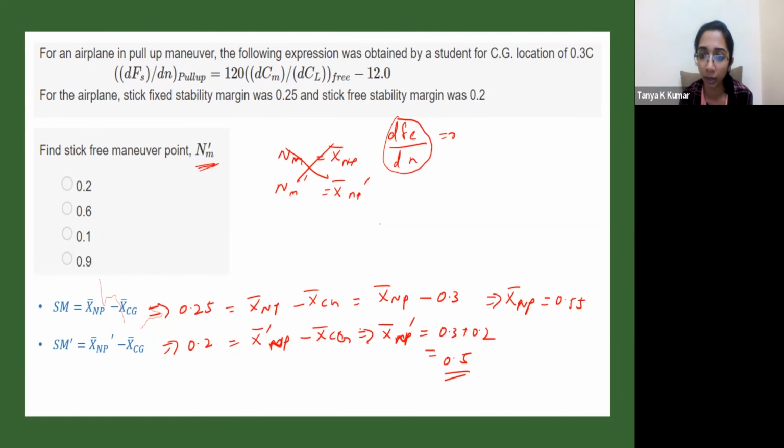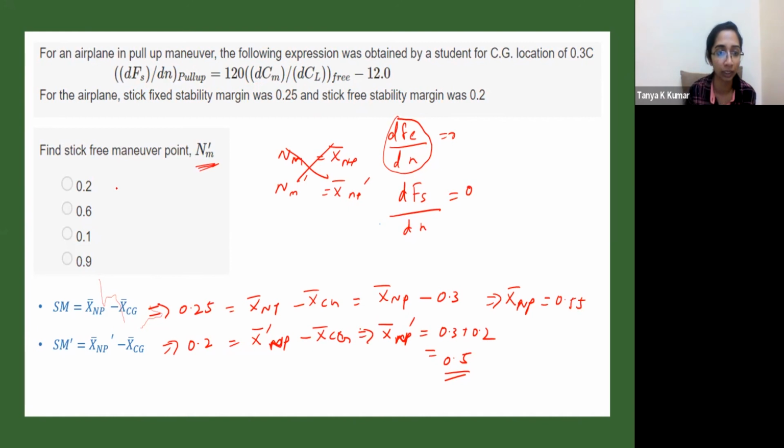Now how do you deflect the elevator? You deflect it by giving the control force. So this is also analogous to dfs by dn. When d delta E by dn is 0, dfs by dn is also 0, right? So substitute the values here to find out the maneuver point.